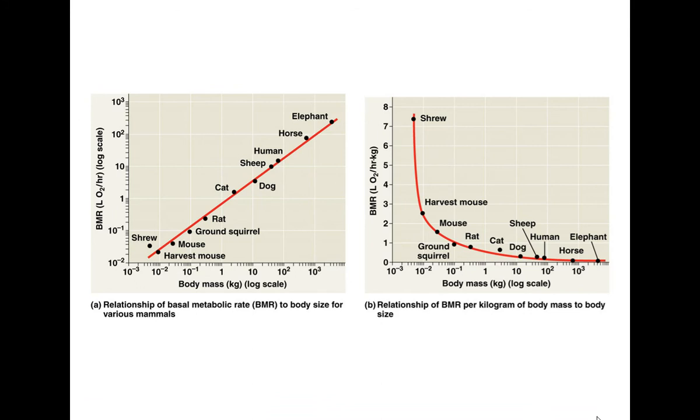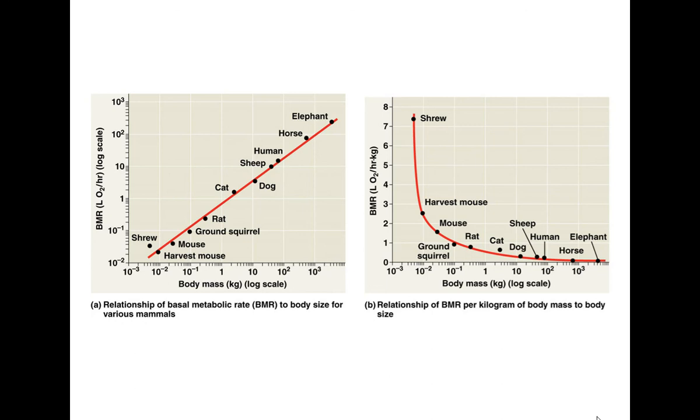Okay. So, the one on the left is just showing the relationship between your basal metabolic rate and your body mass. The smaller you are, you see that your basal metabolic rate is going to be smaller as opposed to the larger animals. Now, why does the graph flip on the other side?